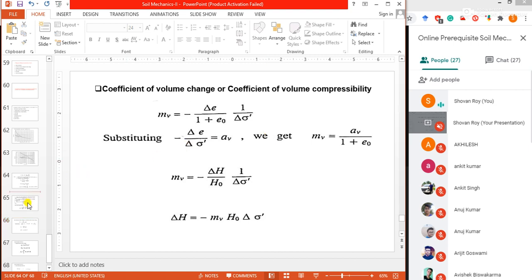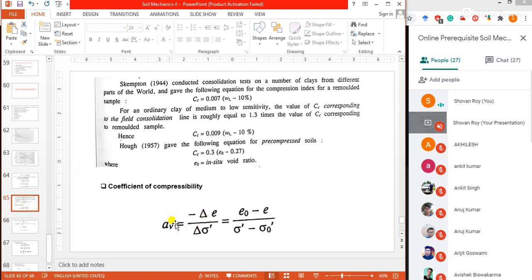In our last slide we saw that av equals minus delta e by delta sigma dash.